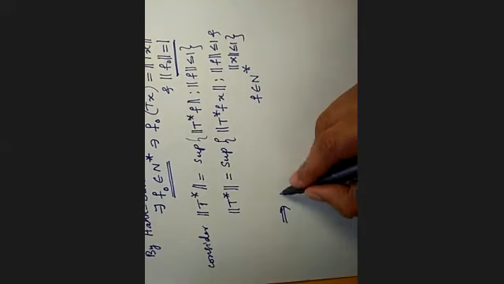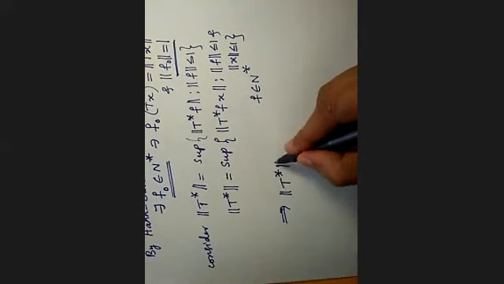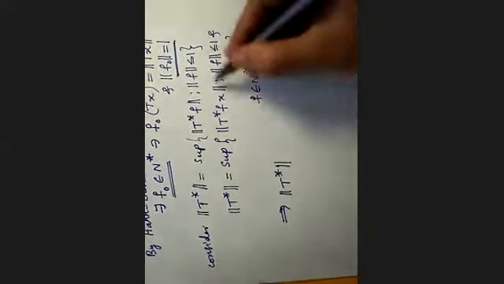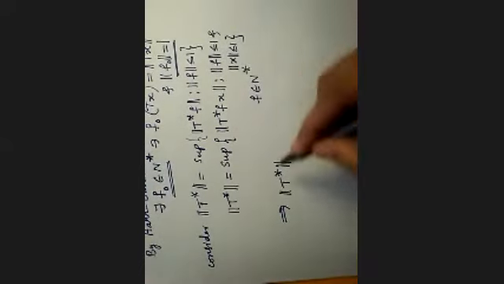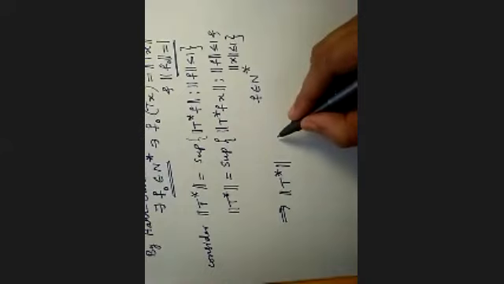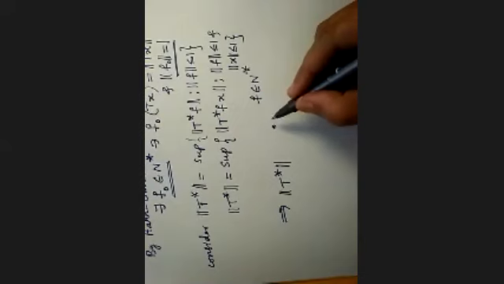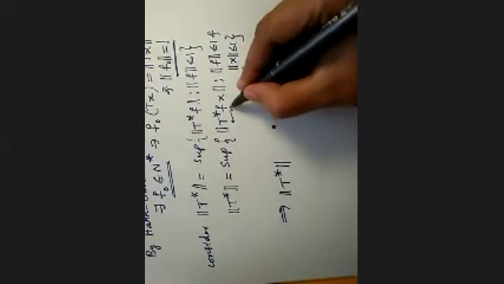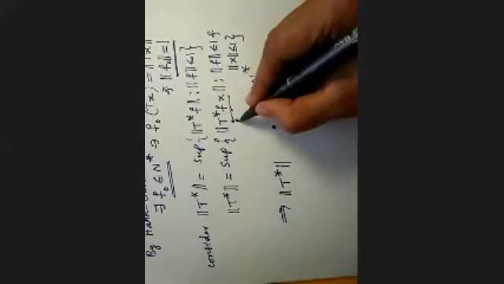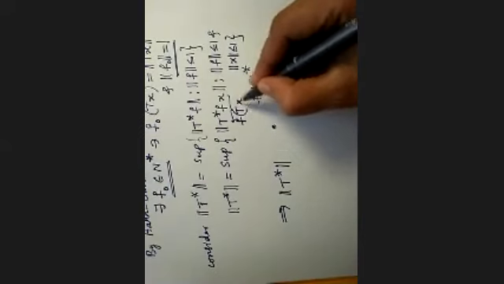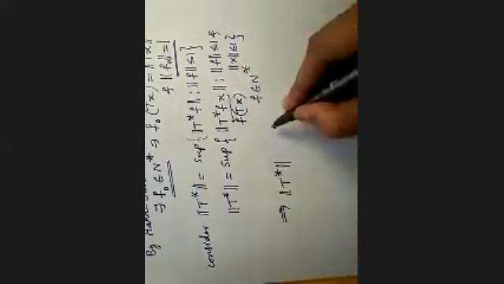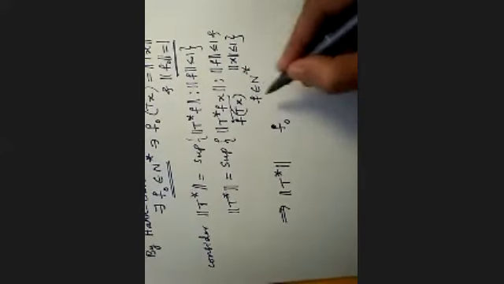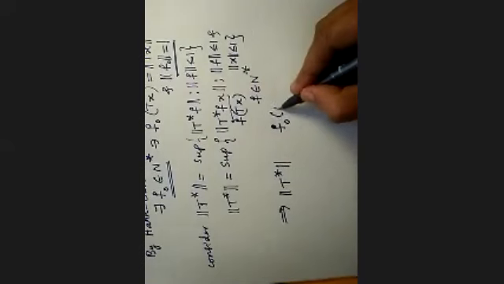Therefore, norm T star, which is the supremum over all such functionals and such elements x, and we have one element on this side. This T star f of x is nothing but f of Tx, using the definition of T star. So we have one such f naught here, and taking T of x.